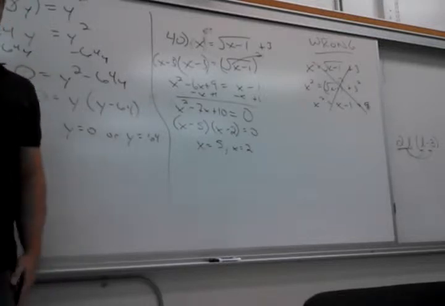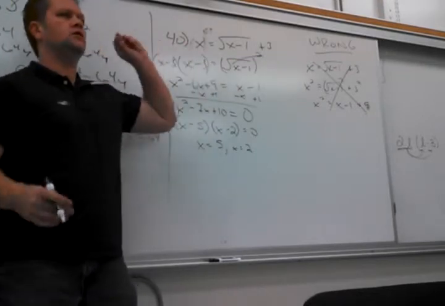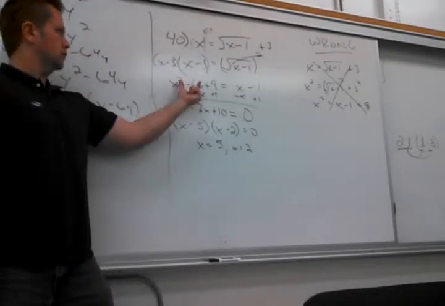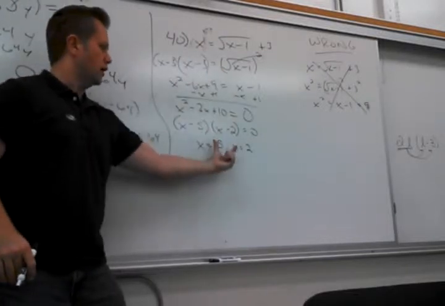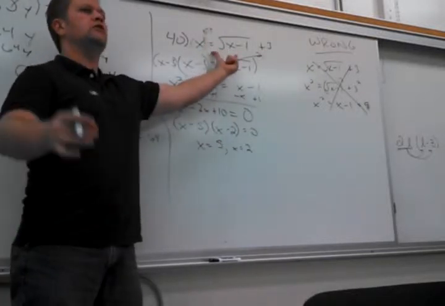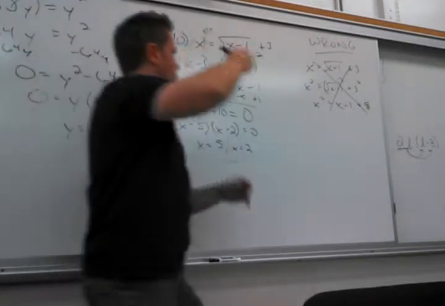No, good. You got to check them to make sure, because the minute you squared both sides, you lost information about the sign of this side. By squaring both sides, you might have brought in an answer that doesn't work in the original. So does 2 equal negative 2?